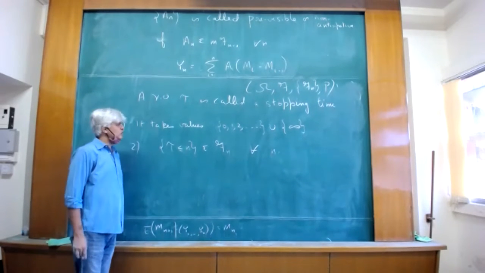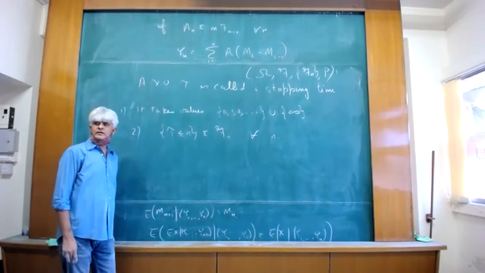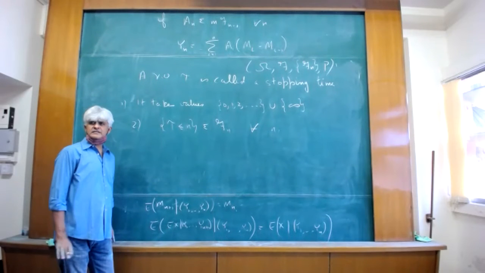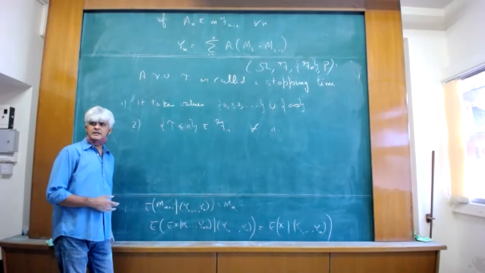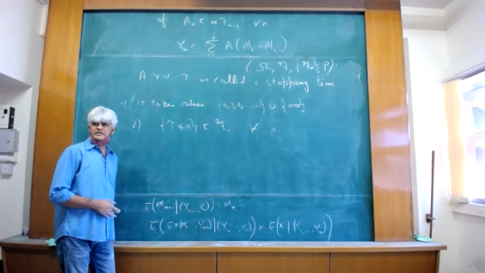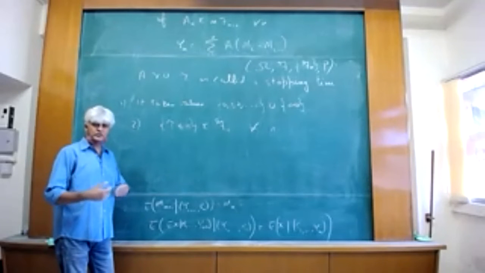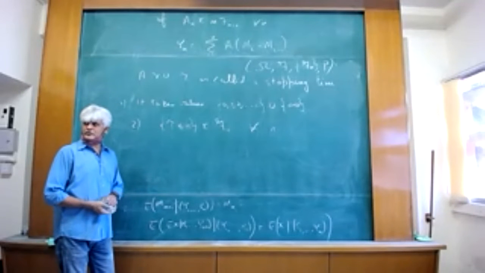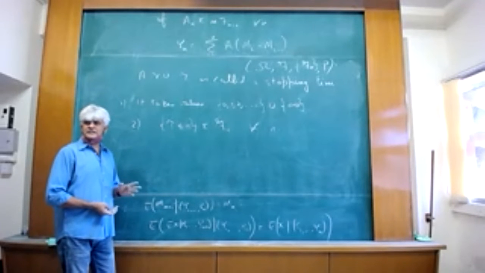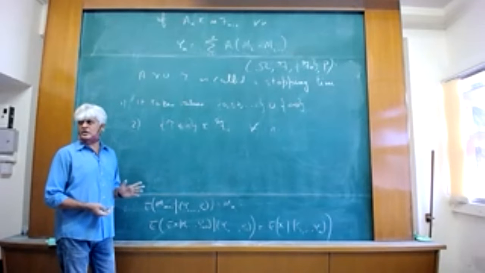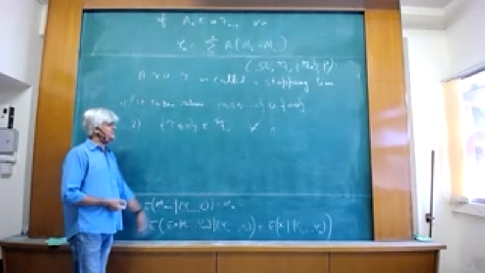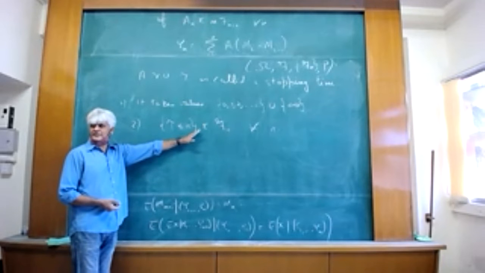So whether tau is less than or equal to n or not, I can say convincingly by observing the underlying information of Fn. For example, if Fn corresponds to X1 to Xn, just by observing X1 to Xn, I know whether tau has occurred or not. Have I stopped or not? I'm unambiguous on every part. It's not like I'm not sure. That's roughly what this intuitively means.